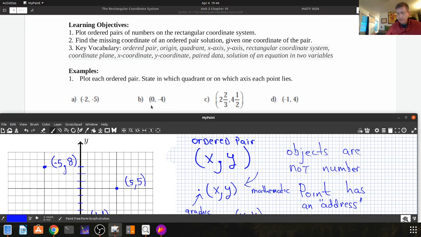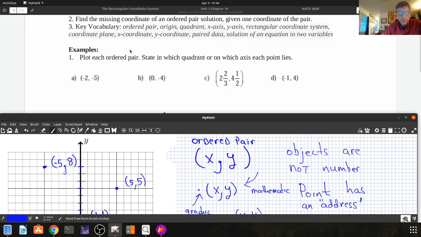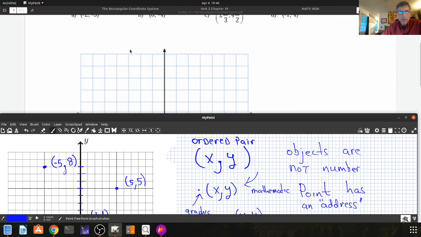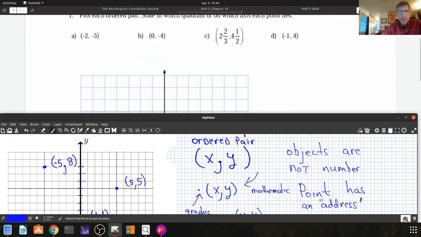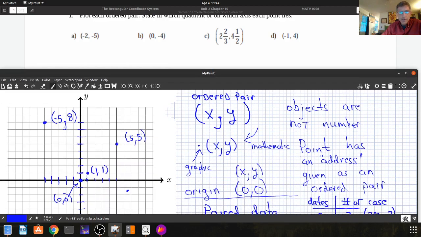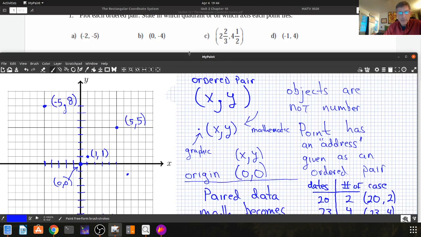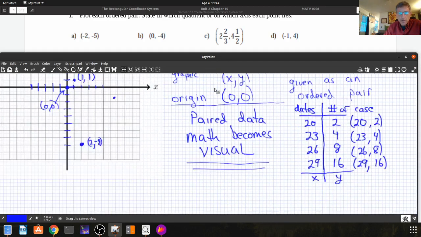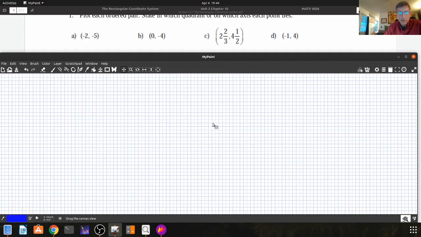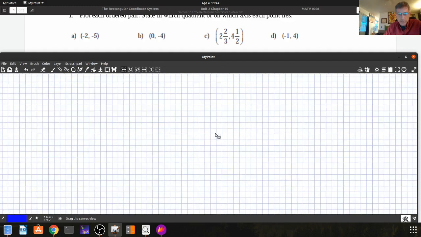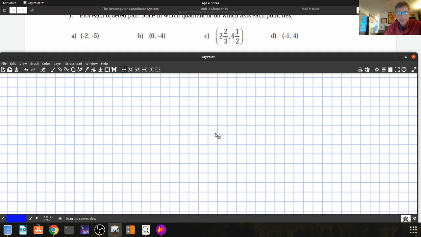We're going to plot the following ordered pairs, and we're going to plot them here, but not on this. So what I'm going to do, I'm experimenting with this, is I'm going to move to an entirely new section, and I'm going to make things bigger.